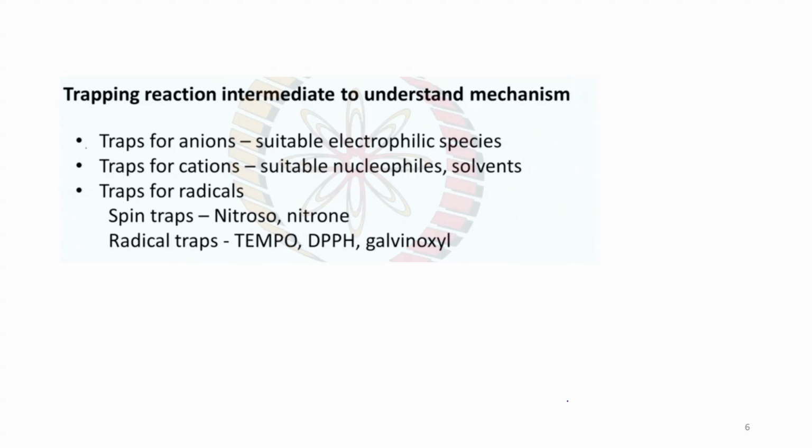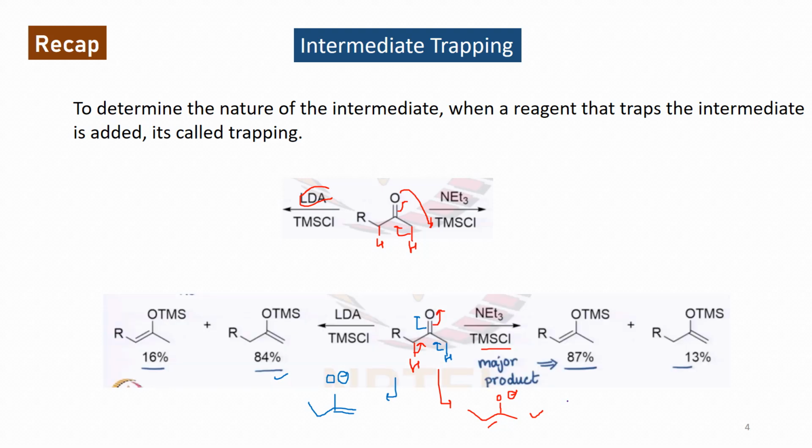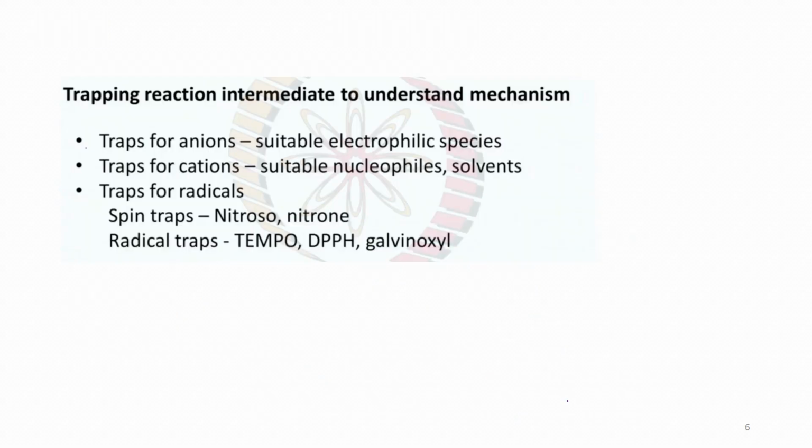In the previous week we already started discussing trapping reactions, intermediate trapping. So what is intermediate trapping? To determine the nature of an intermediate, we can trap the intermediate by some other group, and that is called trapping. If your intermediate is an anion, that can be trapped by an electrophile, because the anion is already electron rich.